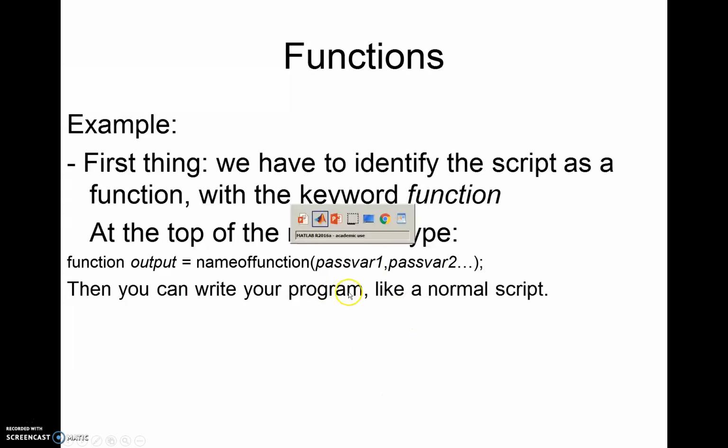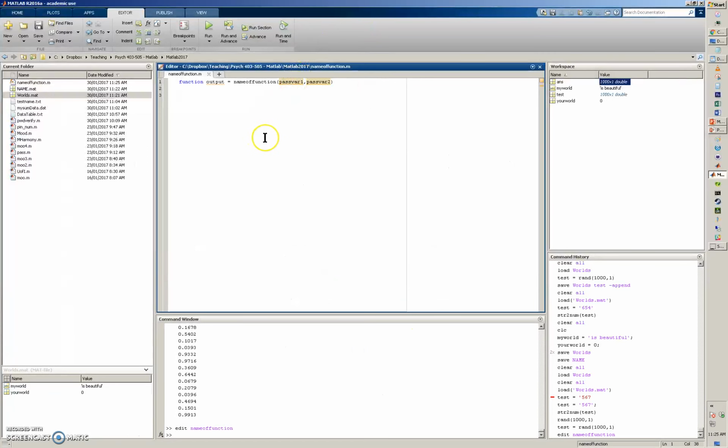And then you write your program down here, and your program can then use those two variables that you pass to it. So you can add the two variables together, and then you might say your output is equal to test.